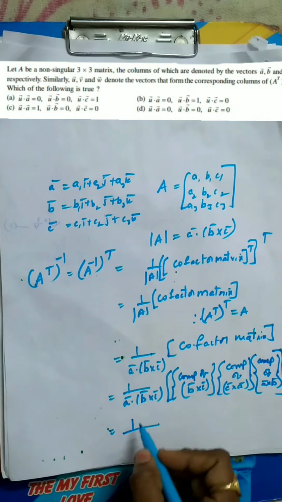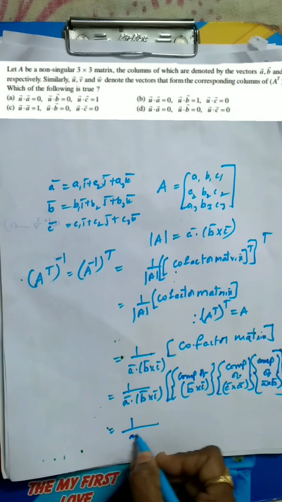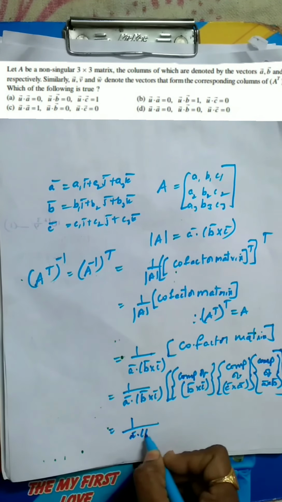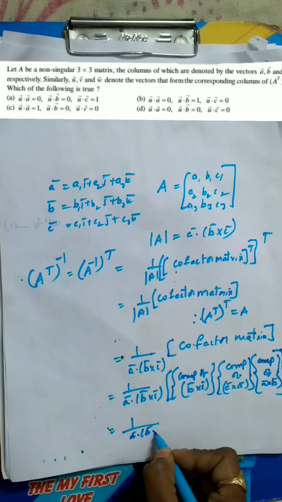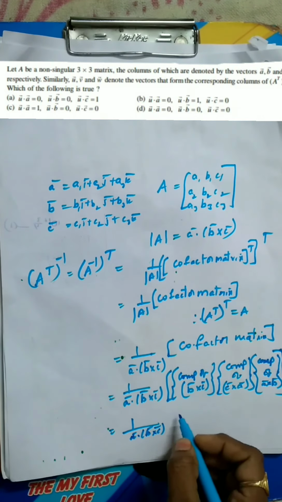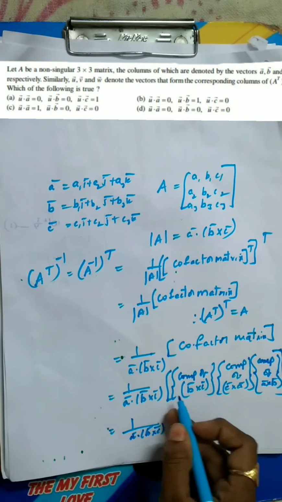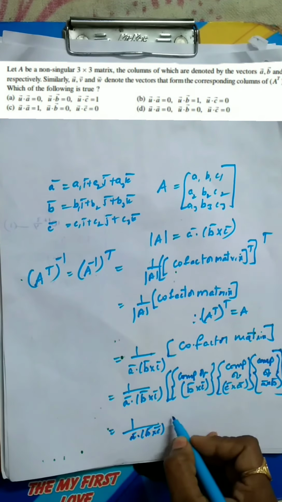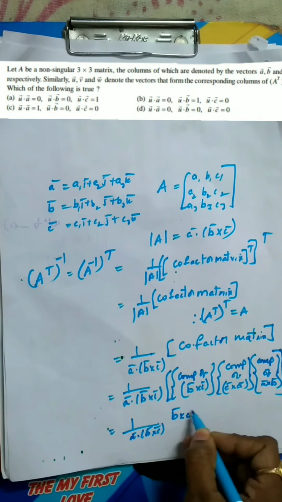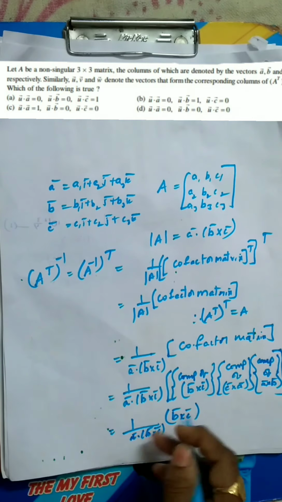That means 1 by a bar dot b bar cross c bar, and this whole can be represented as b bar cross c bar.